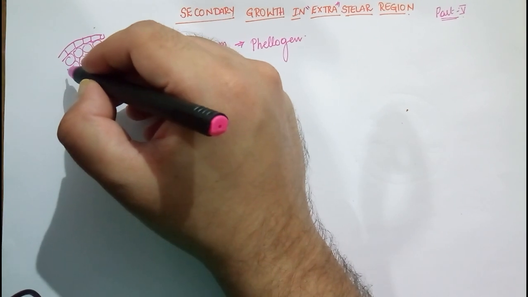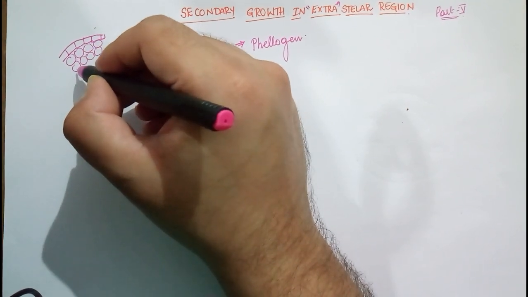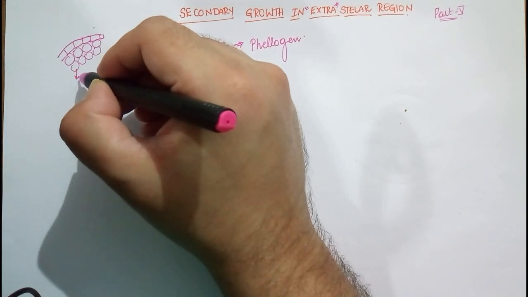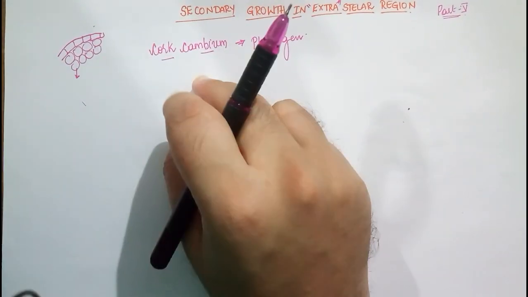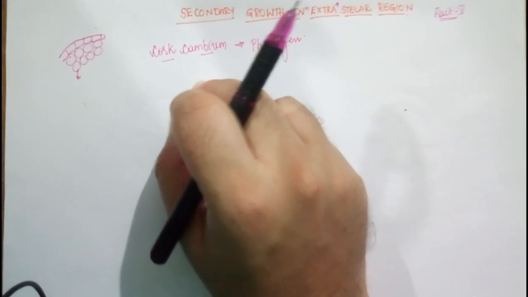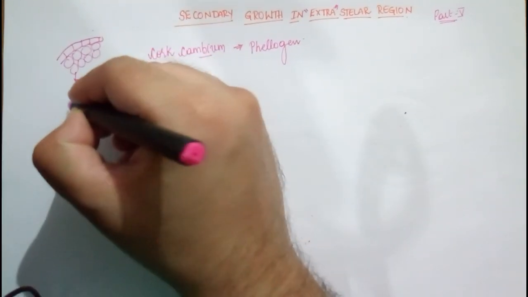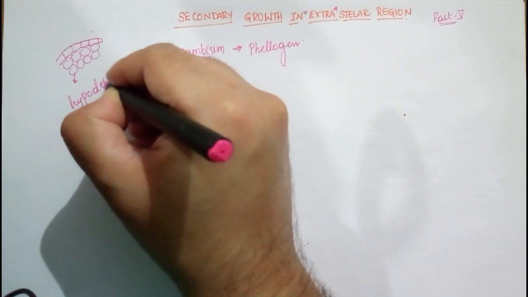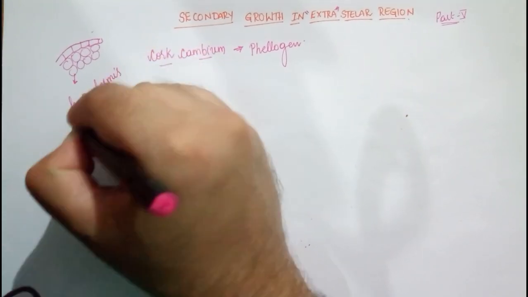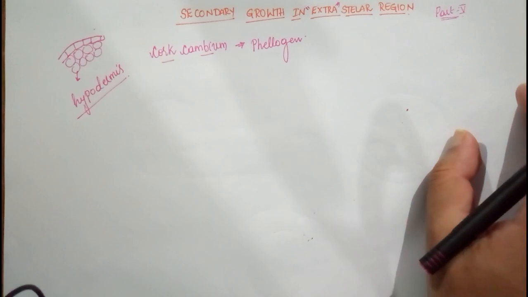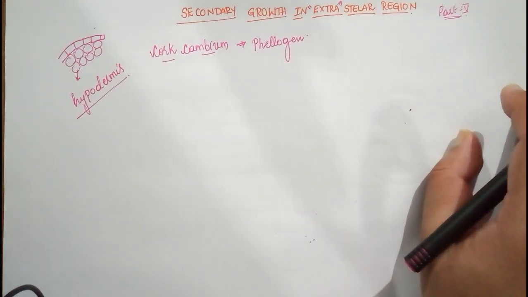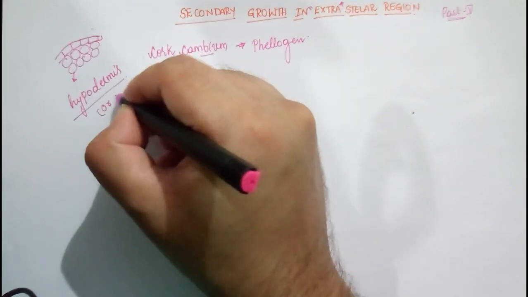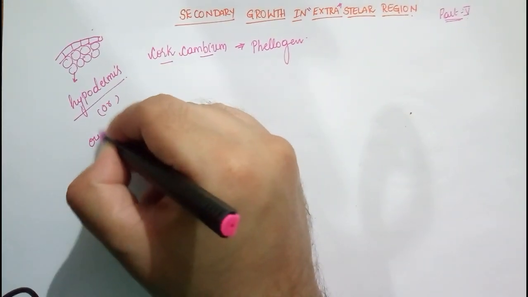Some layers of cells, or a single layer of cells, are going to de-differentiate and form this cork cambium. So cork cambium is going to arise from the hypodermis, or it can also arise from the outer layers of the cortex.